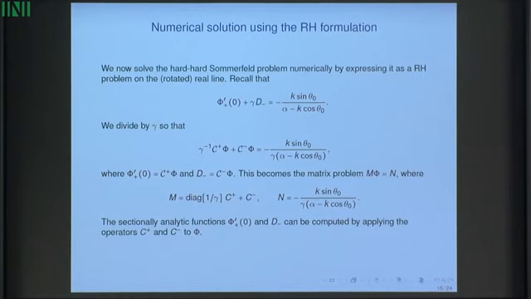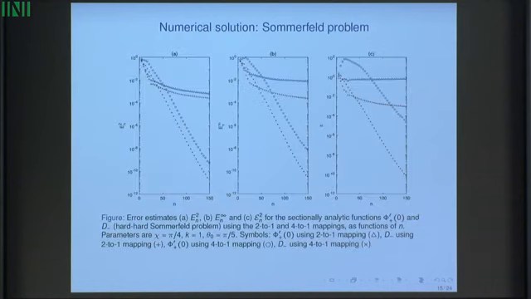Rewriting this expression as a matrix problem, we can write it like that, where m is given by this expression here, n is given by that. So we just solve this linear system, and then if we want to compute phi plus or phi minus, we just apply the c plus or c minus operators on the solution of the system.